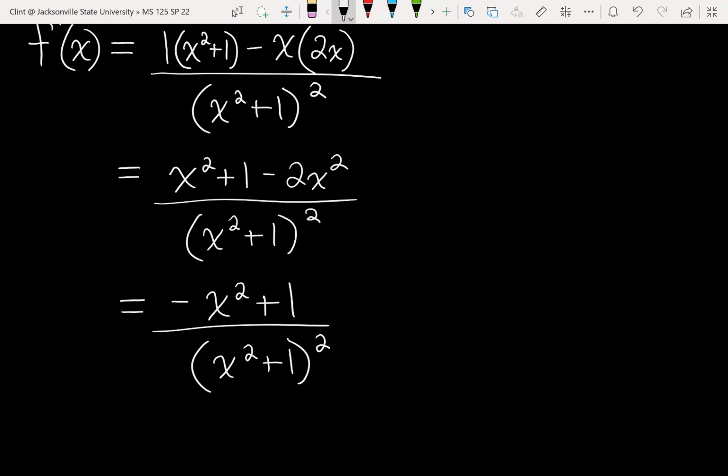To find critical numbers, we need to be concerned about 2 types of values. We need to be concerned about where this thing equals 0 and where this thing would not exist, or be undefined. Okay, so let's handle the undefined part first. For that, we only have to think about the denominator. So what x value would make our denominator 0?